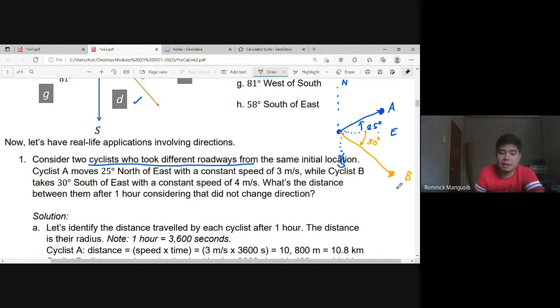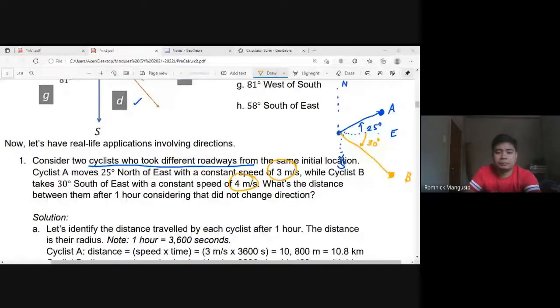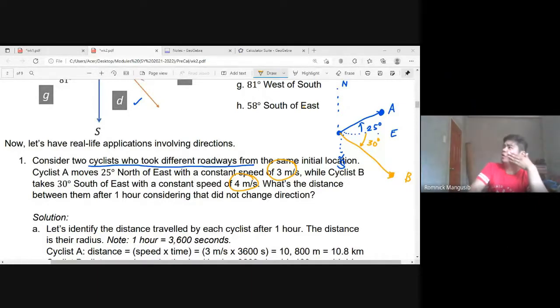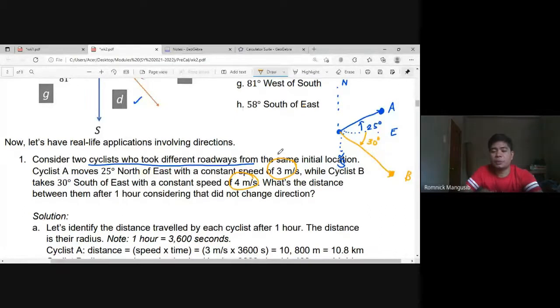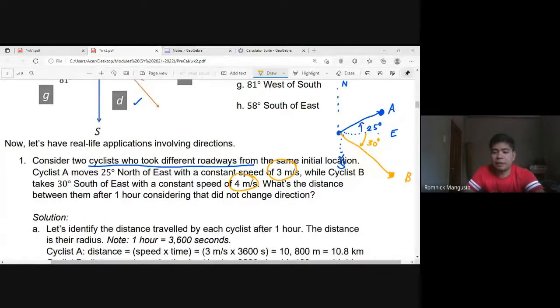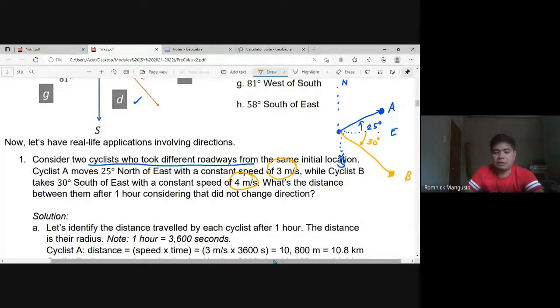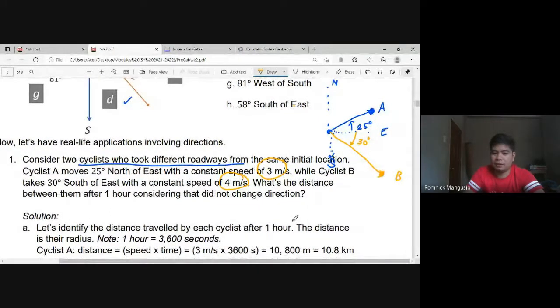So, this is cyclist B. Okay, huwag kayong malito sa mga ganito namang speed class. 4 na metro sa bawat segundo. Yun ang ibig sabihin. 3 metro sa bawat segundo. So, ibig sabihin, when that object keeps on moving, definitely tuloy-tuloy lang sa pagbabike ang dalawang ito.